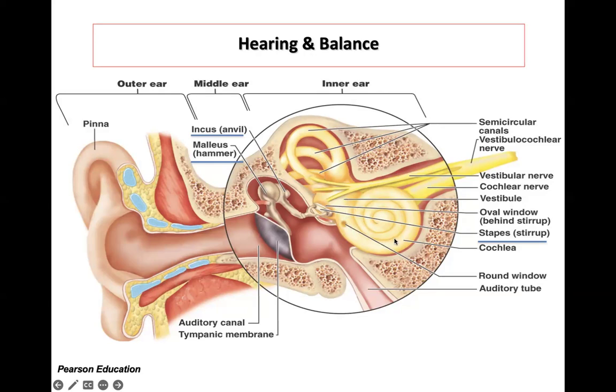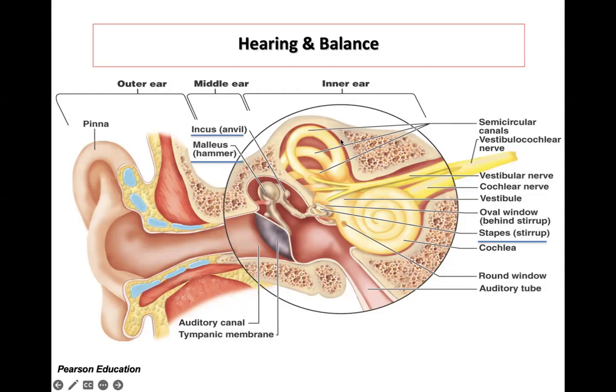And you also have this part here, which is called the cochlea. The part of the inner ear that is important for hearing is the cochlea. You can imagine, because it's directly connected to the last piece of bone in the middle ear, the frequency will come here and continue into this cochlea.